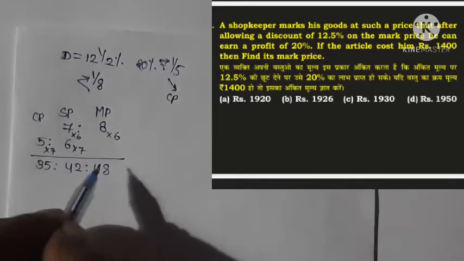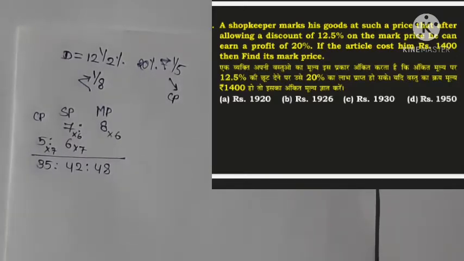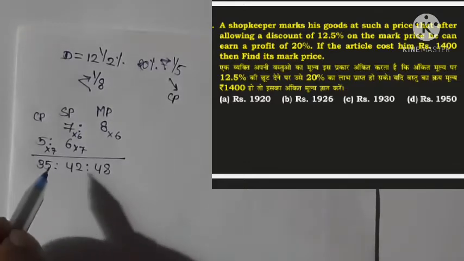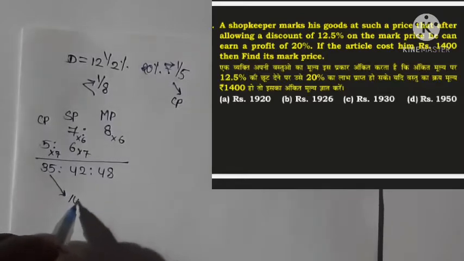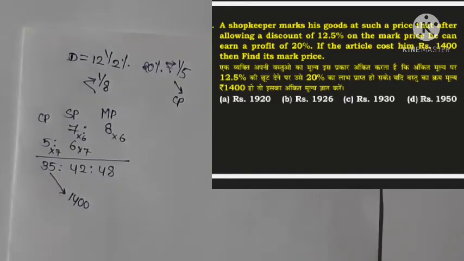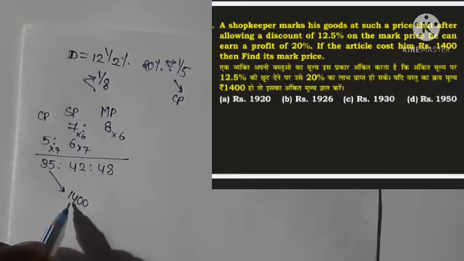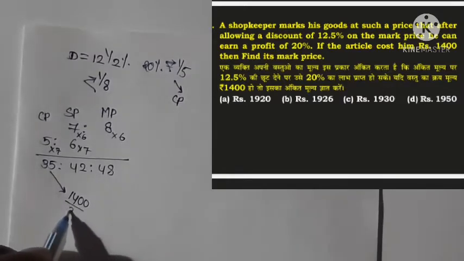If the article cost him 1400, here the cost price is equal to 1400. So 35 units represent 1400. So one unit represents 1400 by 35.